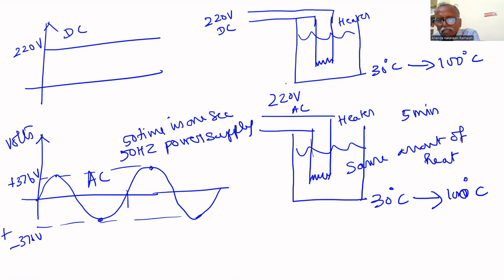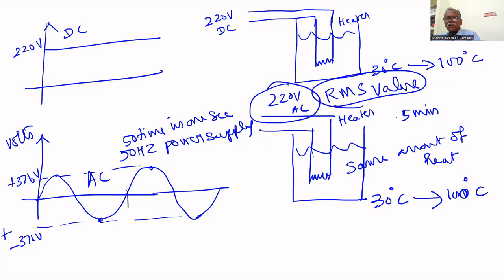That's why this AC is equal to the DC equivalent of 220 volt. That is called RMS value. RMS value is the DC equivalent value. So even though the maximum value is higher, it is called 220 volt AC, 50 hertz AC.